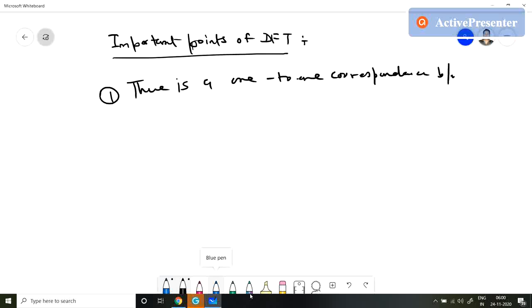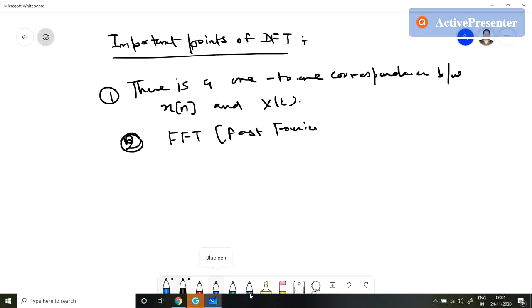The second important point is that there is an extremely fast algorithm called the FFT for its calculation. We are using the fast Fourier transform because it is a very efficient algorithm for computing the discrete Fourier transform. So please understand that for implementation purposes we are using FFT because it is very fast as compared to DFT.